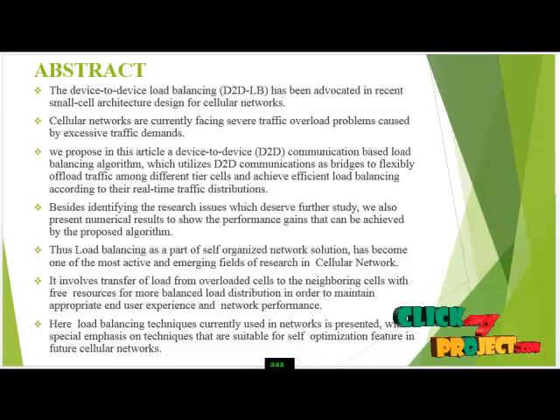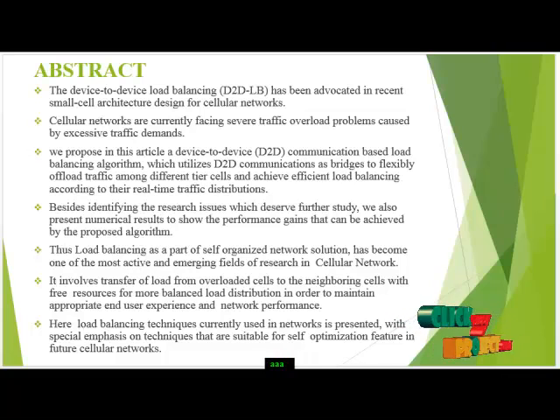We propose in this article a device-to-device communication based load balancing algorithm which utilizes D2D communications as bridges to flexibly offload traffic among different tier cells and achieve efficient load balancing according to their real-time traffic distributions. Besides identifying the research issues which deserve further study, we also present numerical results to show the performance gains that can be achieved by the proposed algorithm.